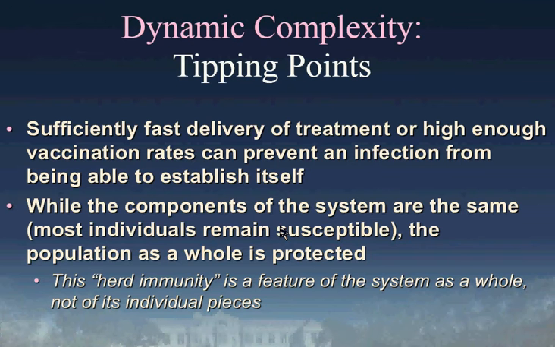And we know that there are these tipping points. This has been recognized since the work of Kermack and McKendrick in the 1920s and 1930s, predated by Ross's work in the 1910s, looking at the effects of nonlinear understanding having to do with infection transmission.